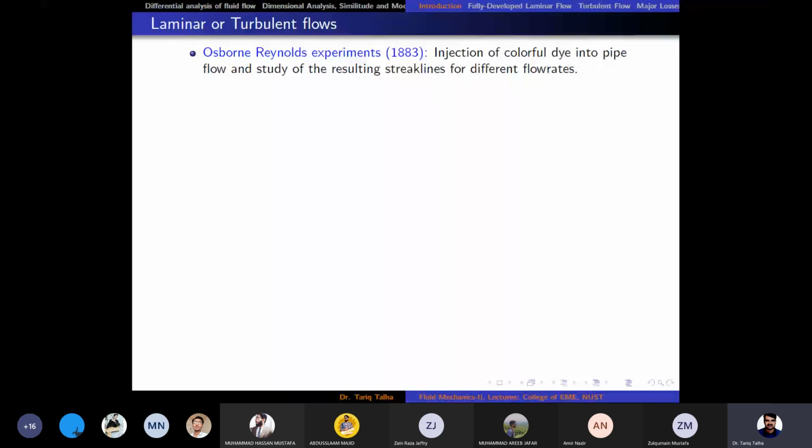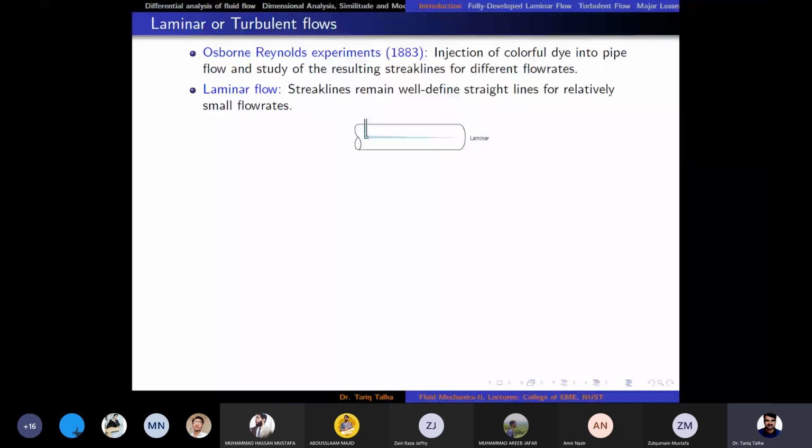When the flow rates are quite low, the inertial forces are quite negligible, and the streak line remains a well defined straight line. So the fluid particles follow the streak line in a very straight path, which means the viscous forces are dominant over inertial forces.